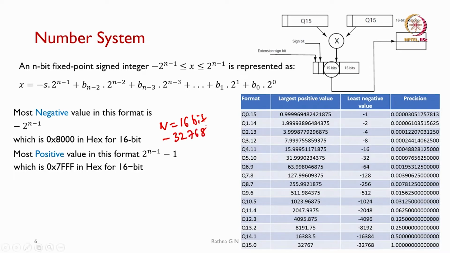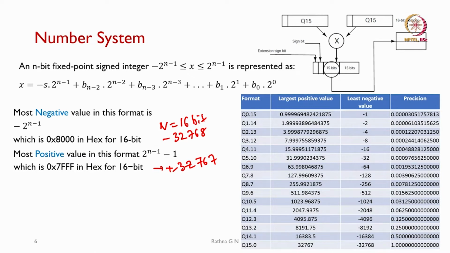And the most positive value in this format is 2 to the power of n minus 1, minus 1, although we put minus 1 to 1. So, I will not be able to represent plus 1 in this format. The maximum I can represent is 0x7FFF in hex, which comes out to be plus 32767, the maximum value I can represent with this number system.